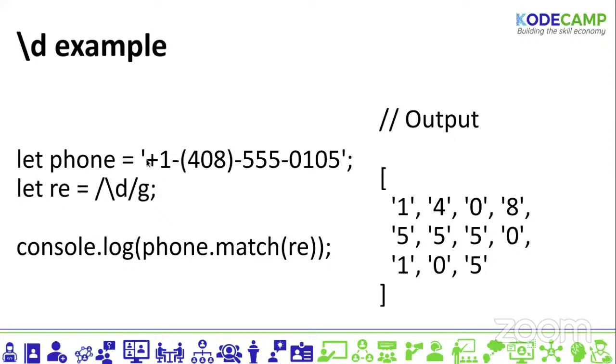Even if there were word characters in this string, it's just going to ignore them and only return the digits. Then of course, if you use \D with a capital D, it's going to return the symbols here, which are the plus, the minus sign, or I think you call it hyphen. Then it will return these brackets.